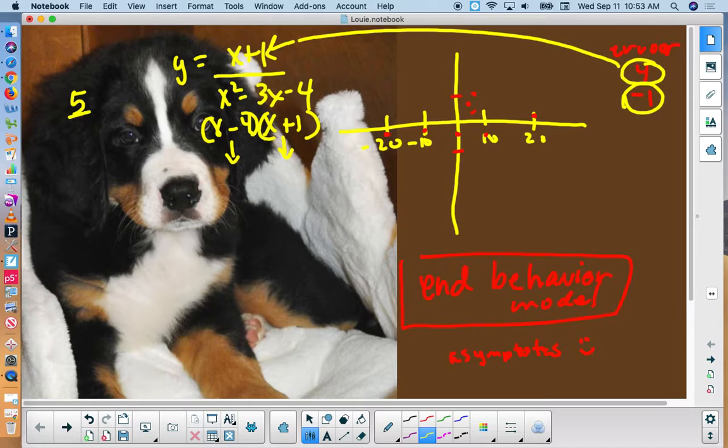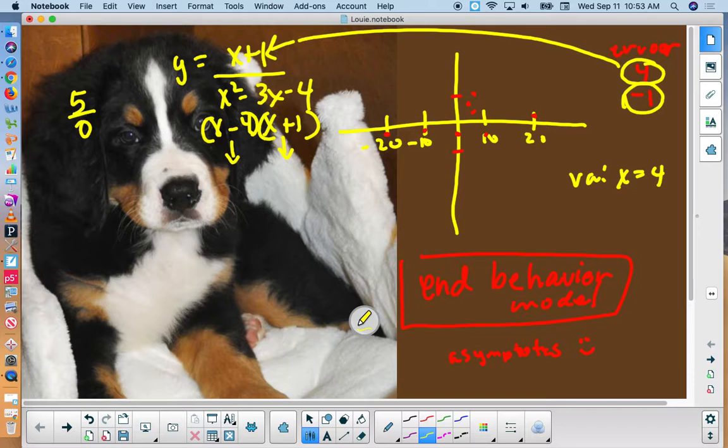I get 5 over 0. This is a no-go. There is going to be absolutely no answer. And so I have a vertical asymptote at 4. Sorry, that's not how you write it. I have a vertical asymptote at x equals 4. You have to say the x equals for me. Vertical asymptote at x equals 4.